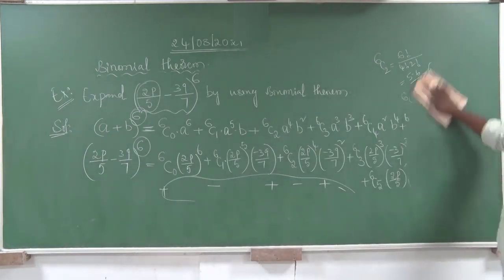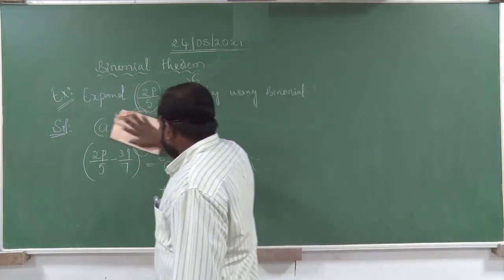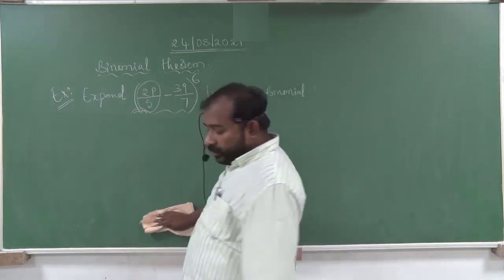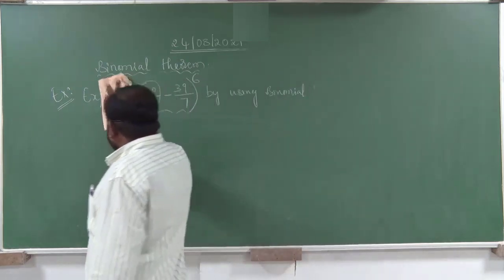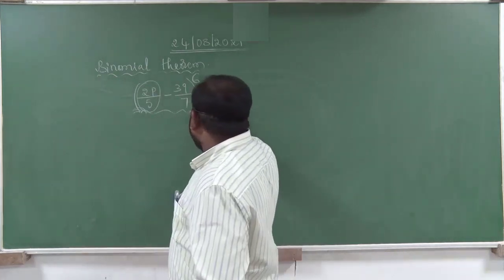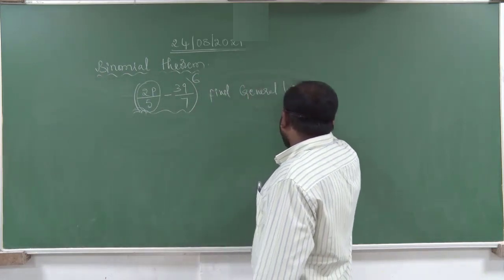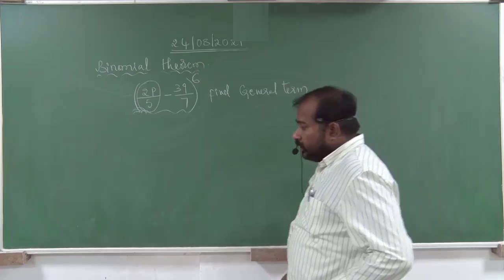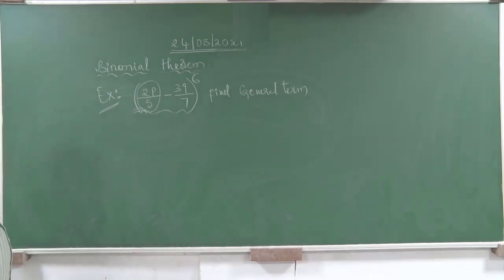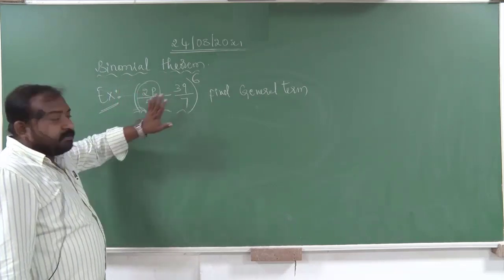Next example. If they give the same expansion, for example, if they ask to find the general term: find the general term in the expansion (2p/5 - 3q/7) whole power 6.